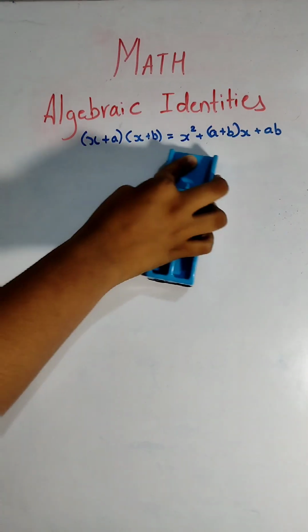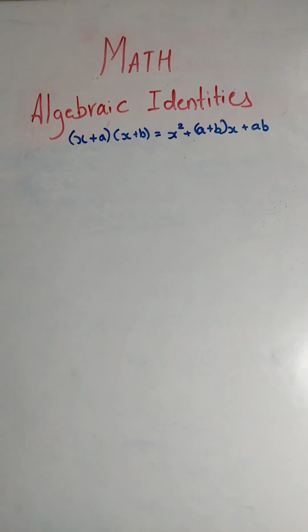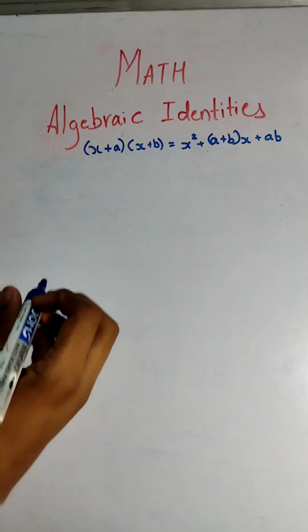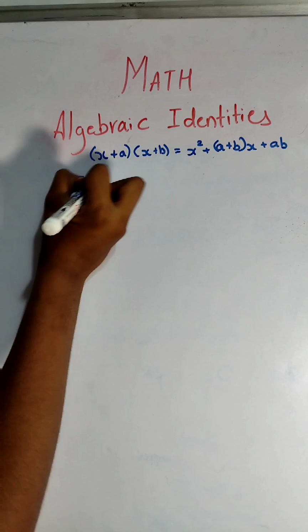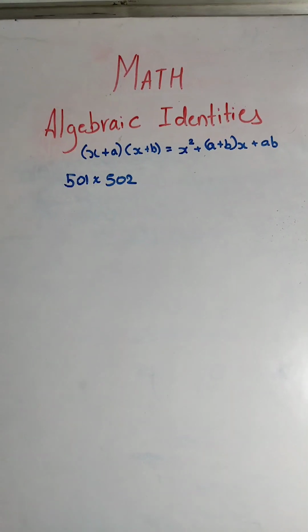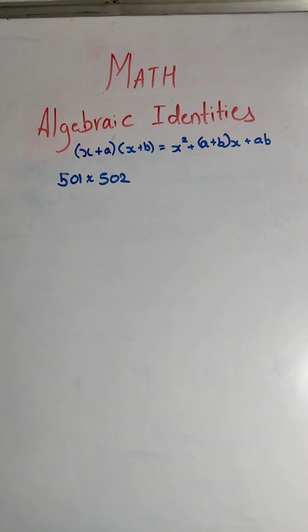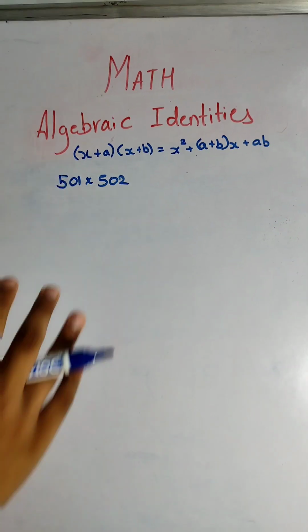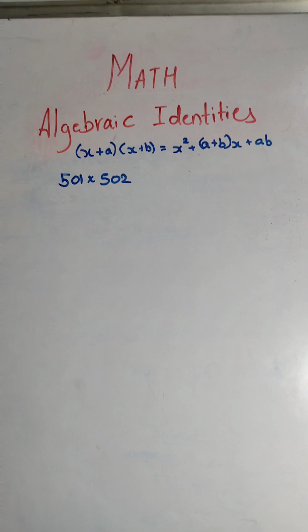Now let's take up a quick example to do this. So let's take the example 501 into 502. Here we are not taking variables, we're directly trying to solve this using this method. So how can we multiply this, because they're quite big numbers and we are not very thorough with multiplication of these numbers.